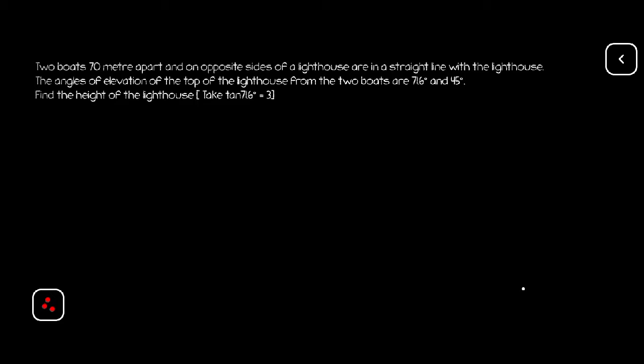Now the question says that there are two boats, they are 70 meters apart, and they are on opposite sides of a lighthouse. Also they are in a straight line with the lighthouse, so that means they are on the same horizontal ground. Let's focus on that first.